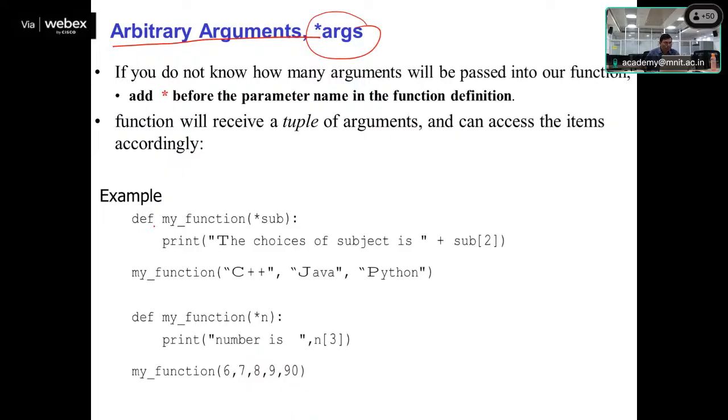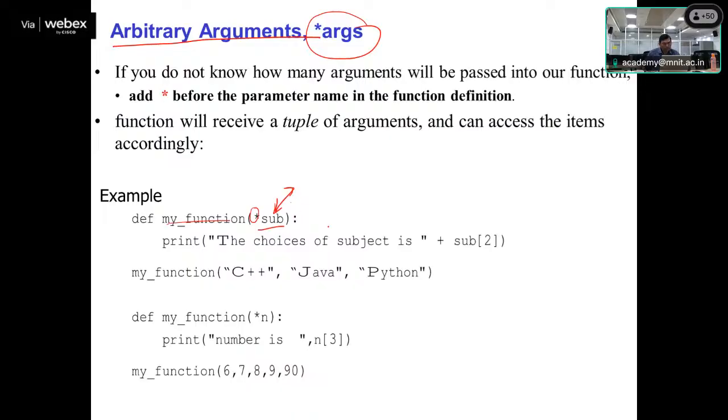How? Say def my function. We are giving some argument sub, but we do not know how many parameters it can take, so we have to add star before that one. Okay. Then we can choose any of that sub, meaning subject, because it can contain any number of arguments, so this is more than one argument. So obviously this is going to become a sequence of numbers.